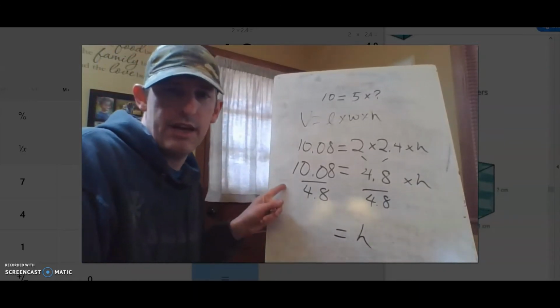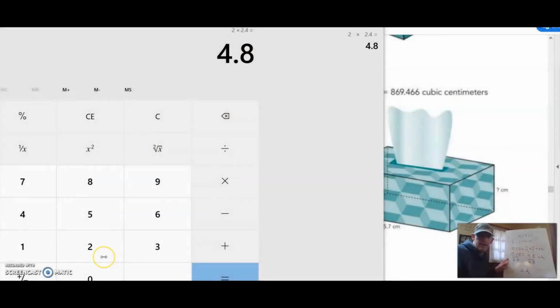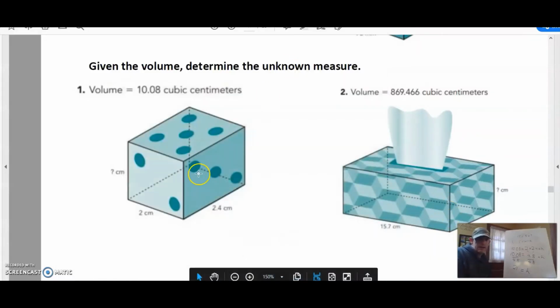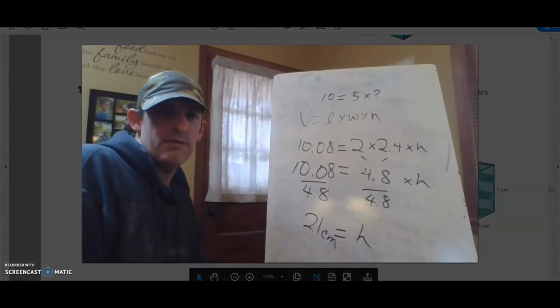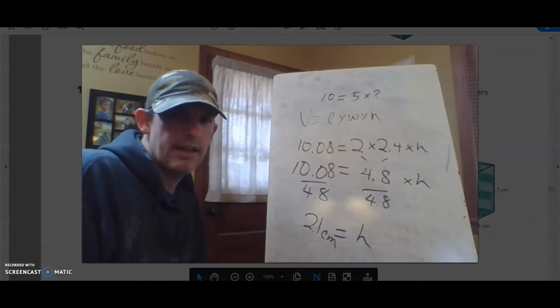So that's what we need to do. 10.08 divided by 4.8 is 2.1. So our answer for what h is, is 2.1. So 2.1 centimeters is our answer for h.